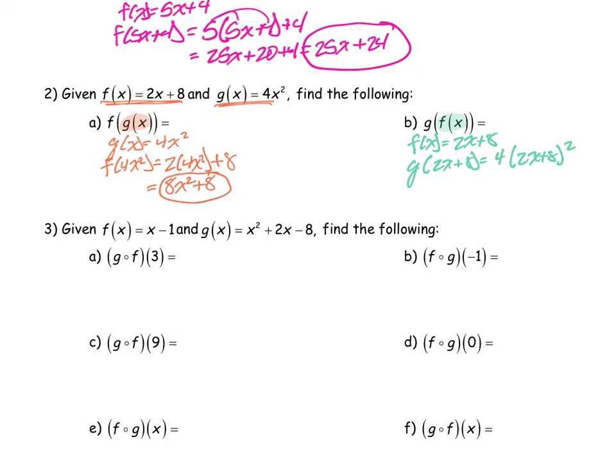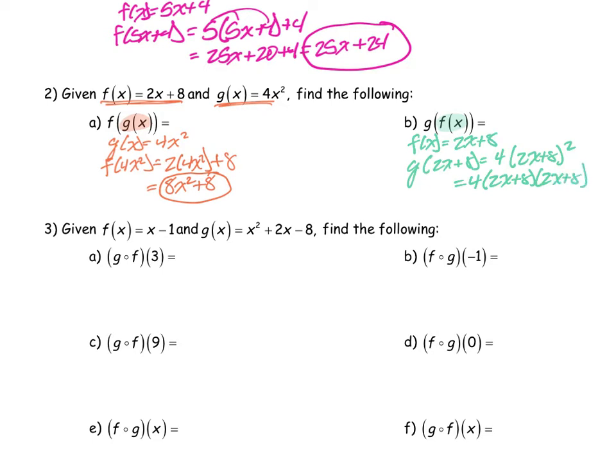And what does square mean? Can someone remind me what square means? What does it mean to square something? Multiply by itself. That's awesome. So that means I have 4 times 2x plus 8 times 2x plus 8.